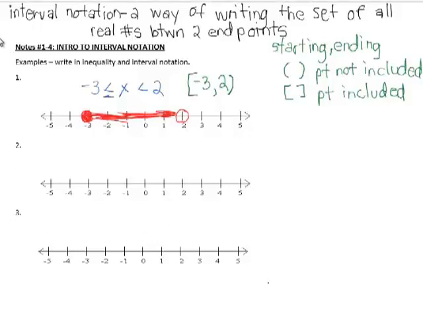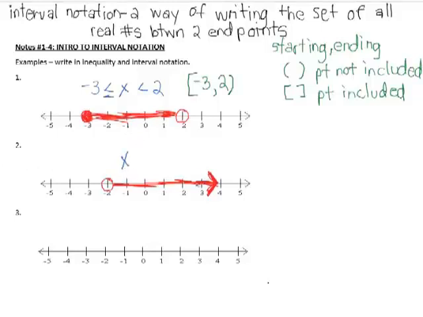Let's look at number 2. On number 2, I want you to draw an open circle at -2, and then shade a line, and then draw an arrow. So this one's going to go on and on. Using inequality notation, we're going to use the variable x again.